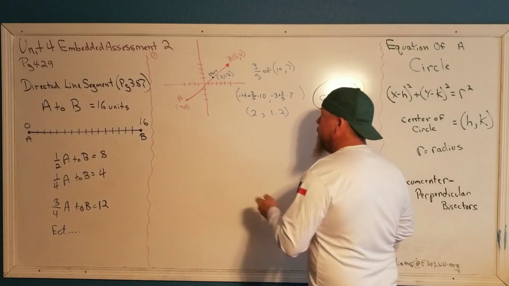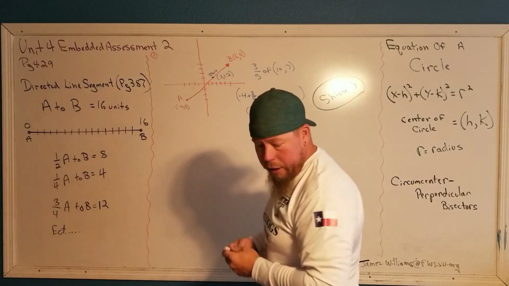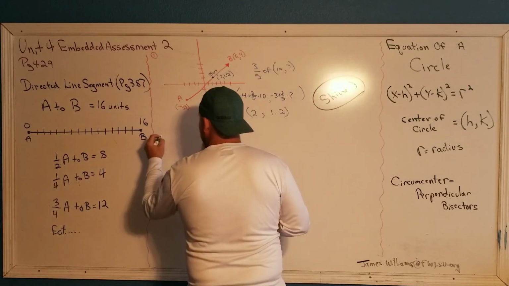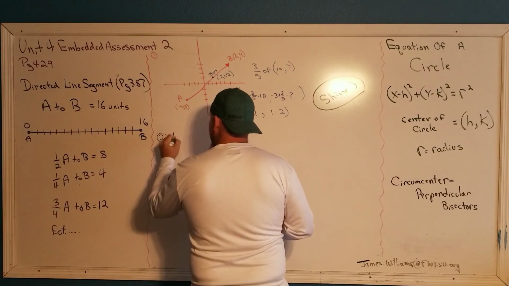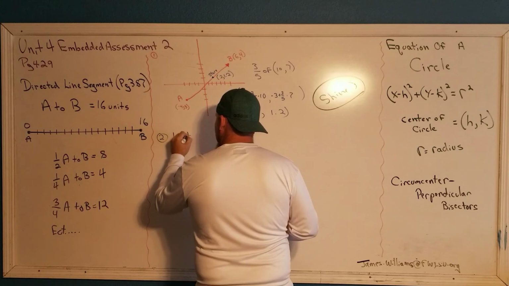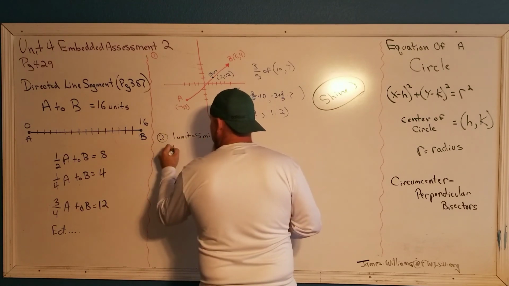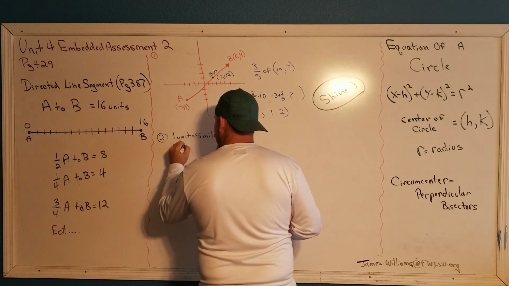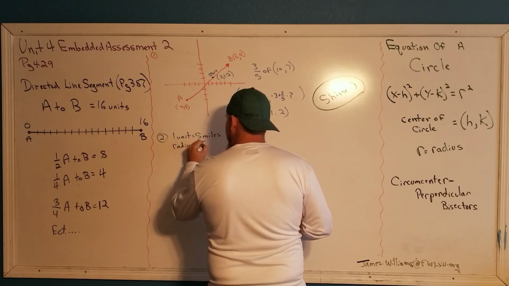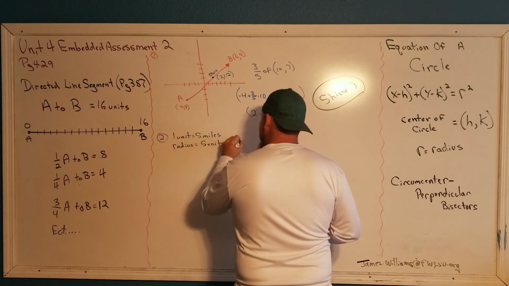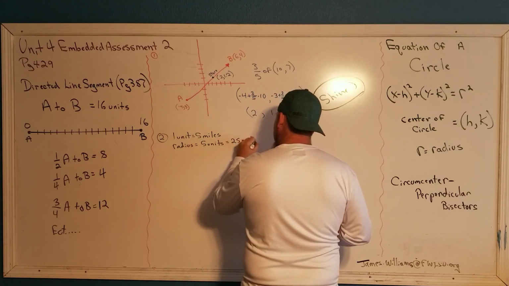So that's telling me for number 2, and we'll go ahead and change colors here so everybody can see it. When you get to number 2, 1 unit equals 5 miles. So the radius needs to be equal to 5 units because it equals 25 miles.